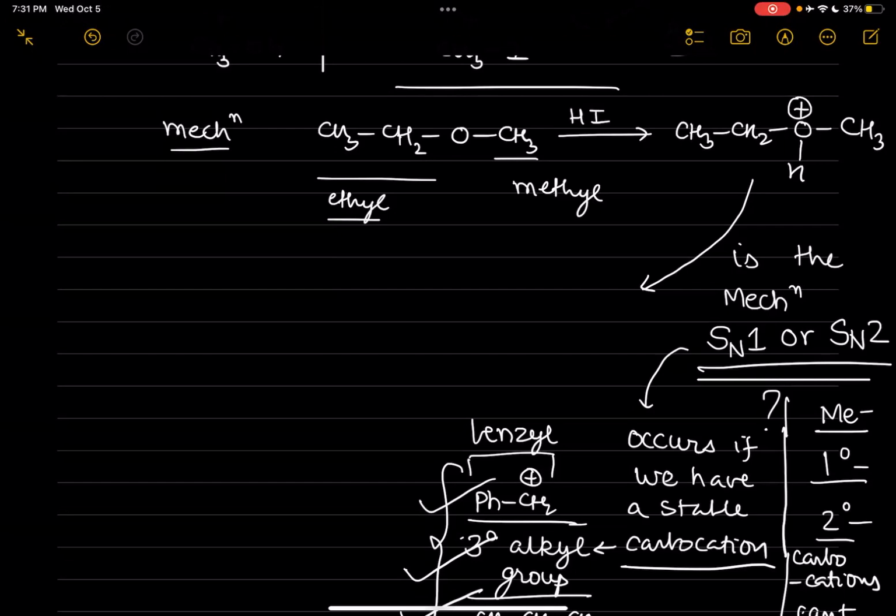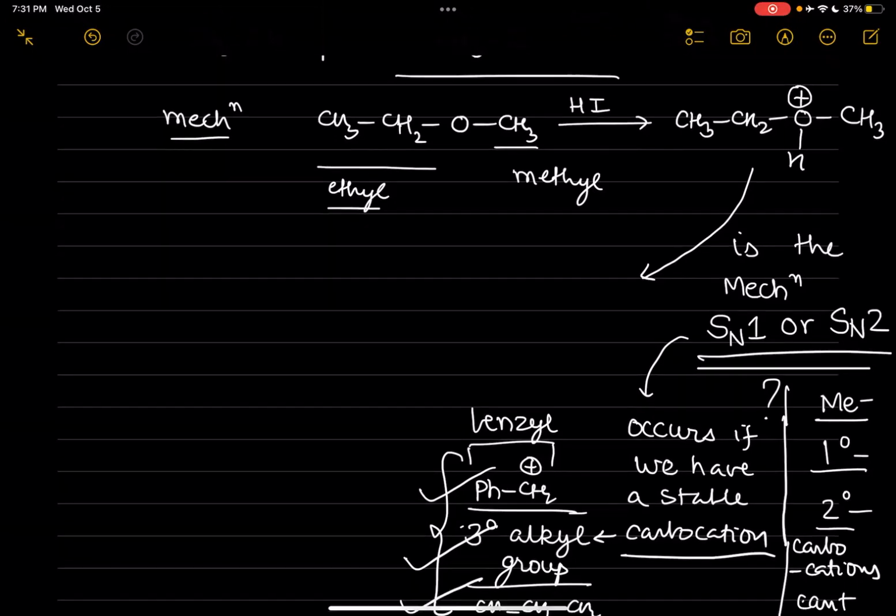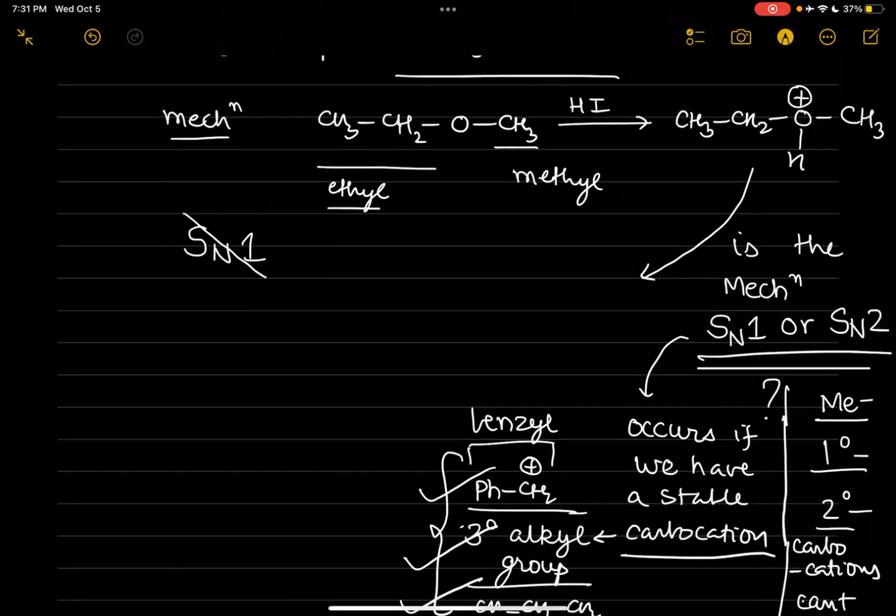It can't be SN1 because carbocation cannot form. Clear? So I will rule out the possibility of SN1 mechanism. Only now the choice is SN2. Substitution nucleophilic bimolecular.